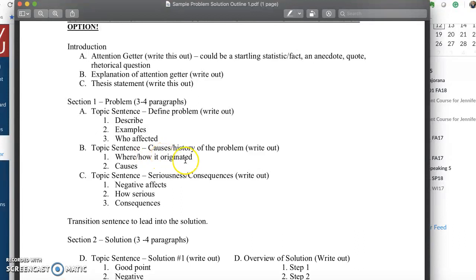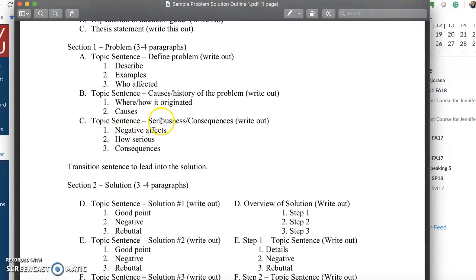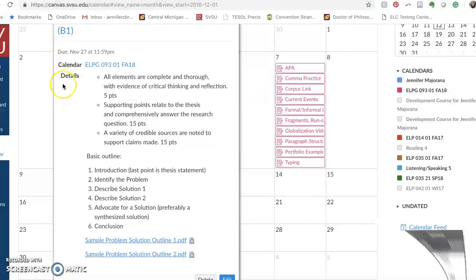The second paragraph here could be causes or history of the problem, where it originated, where it came from, what caused it. And then section C is how serious it is and what are the consequences. What are the negative effects? What are the consequences to this problem? So the first section is your problem, just like I have on here. After your introduction, identify the problem.